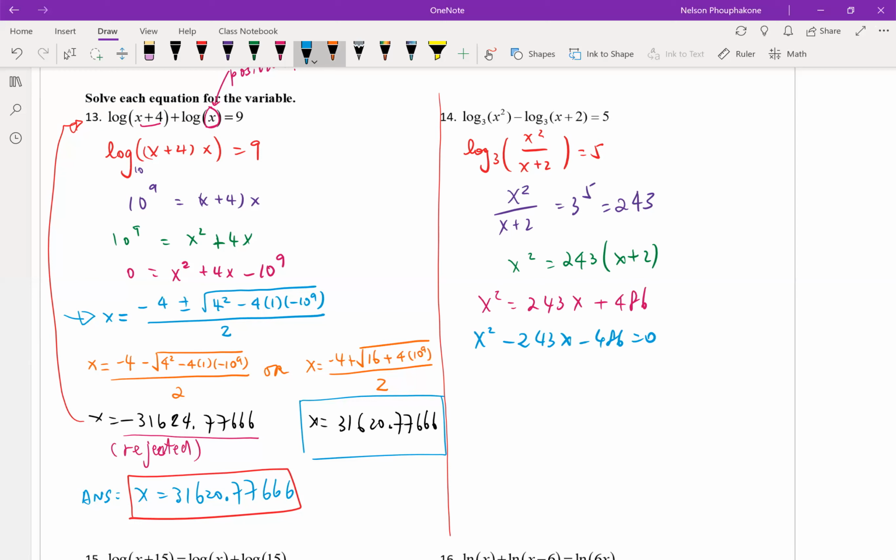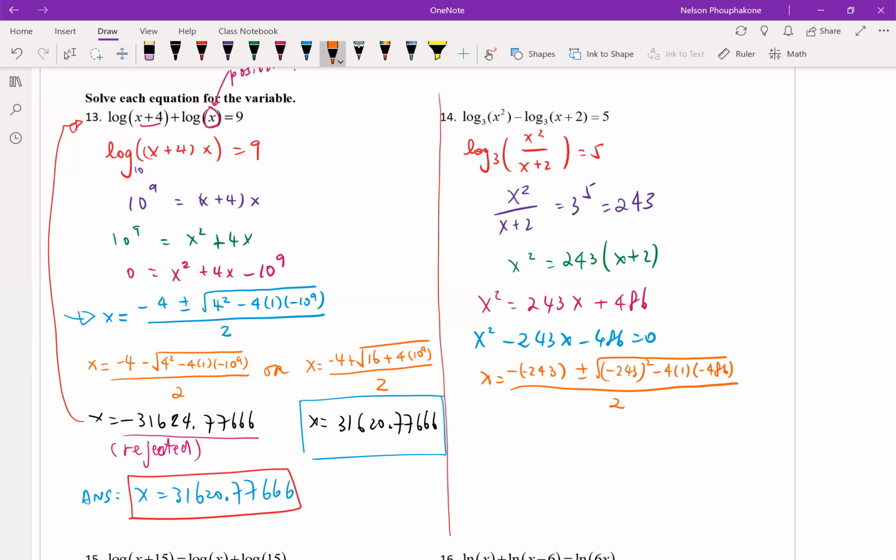And now we are going to write the quadratic formula. So I have x is equal to negative of negative 243 plus or minus square root of negative 243 squared minus 4ac, over 2, right?